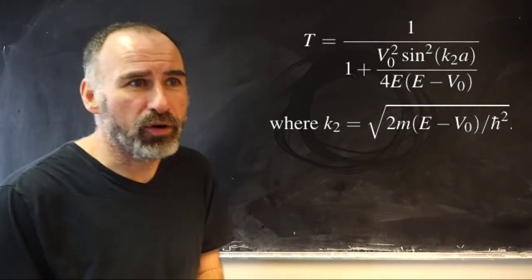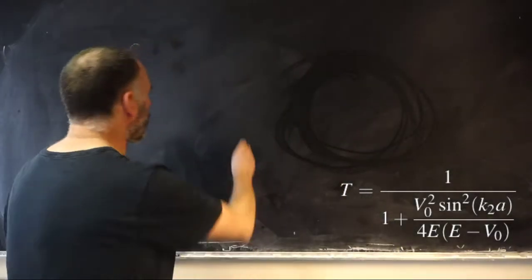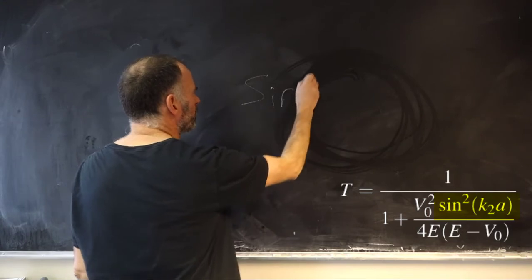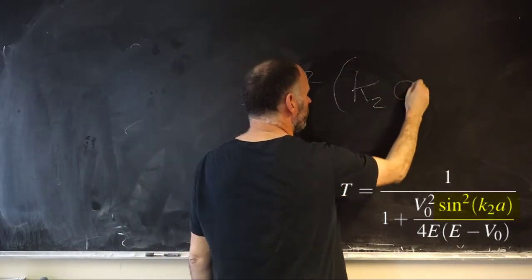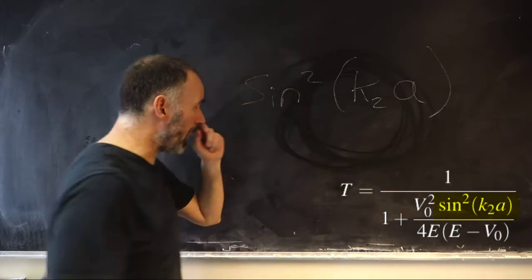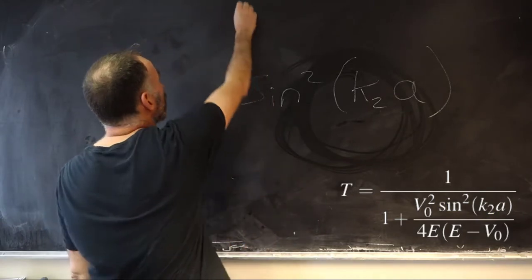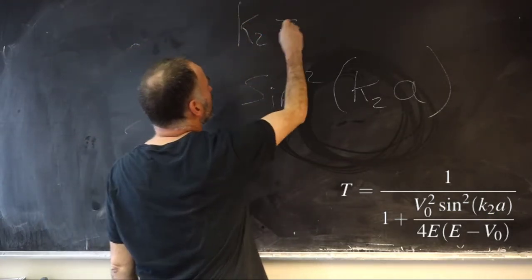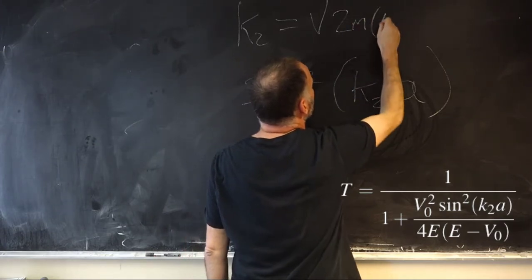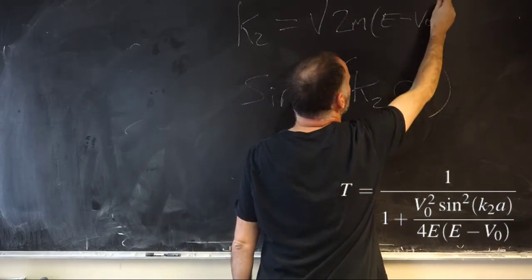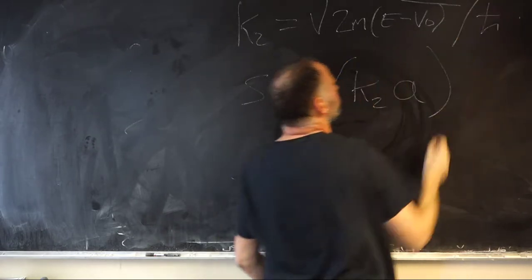Secondly, and perhaps less obviously, what we have in the denominator there is a term, well, that's the width of the barrier, and that's our wave number in the barrier region, which is going to be given by the square root of 2m(E minus V naught) over h bar.